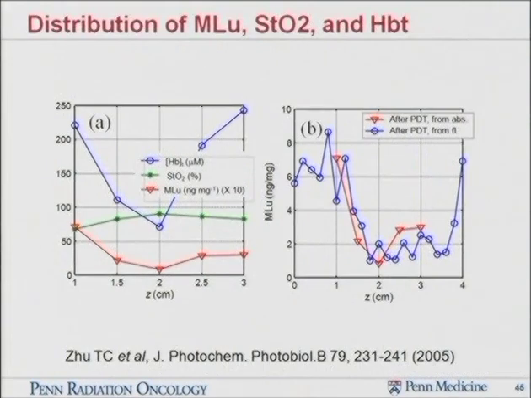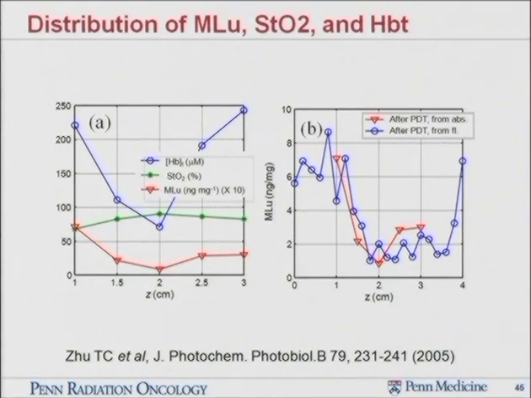Here is one example that shows the relationship between total hemoglobin concentration, oxygen saturation as a function of distance inside the prostate, and also the drug concentration. In this case, it's the Lutex that we are using, and you can determine the drug concentration before and after.